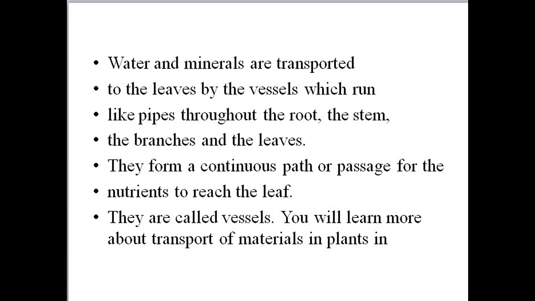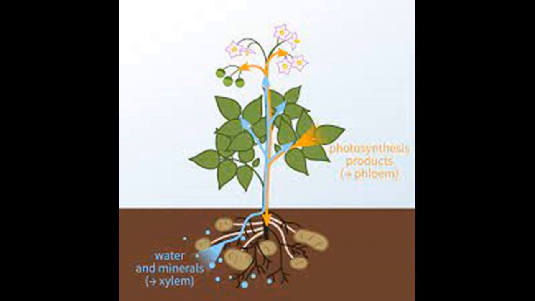Water and minerals are transported to the leaves by the vessels, which run like pipes through the roots, the stem, the branch, and the leaves. They form the continuous path or passage for the nutrients to reach the leaf. They are called vessels. Let's see the picture here. The vessels marked in blue take in water and minerals.